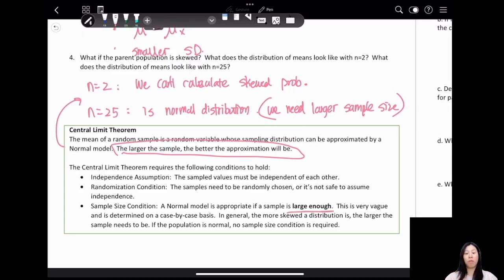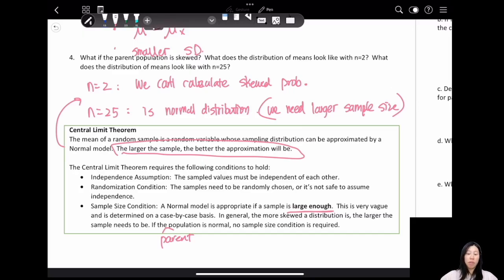Later, I will talk about under what circumstance we will consider that large enough. This is very vague and determined case by case. In general, the more skewed the distribution is, the larger the sample size needs to be. If the parent population is normal, no sample size condition is required.